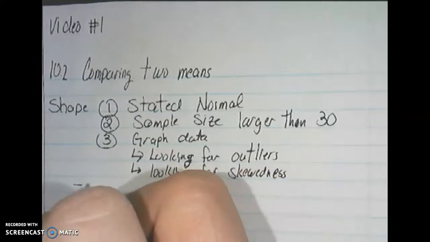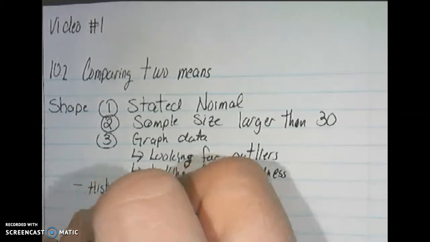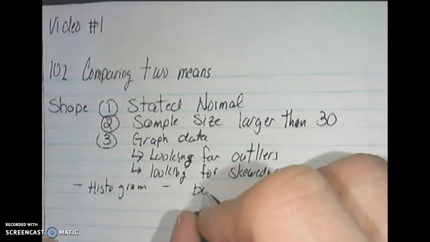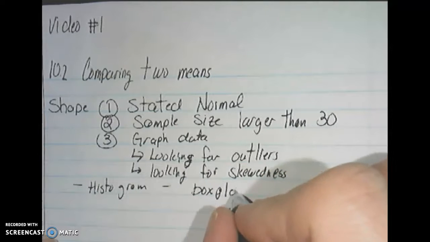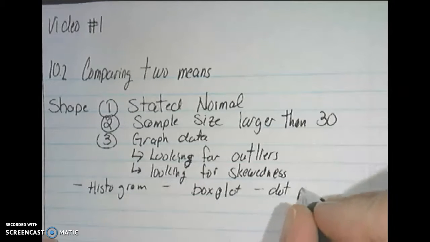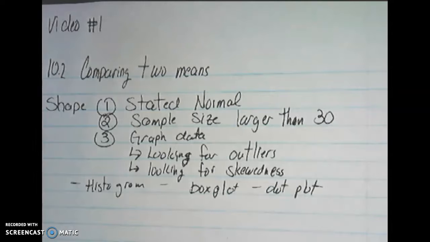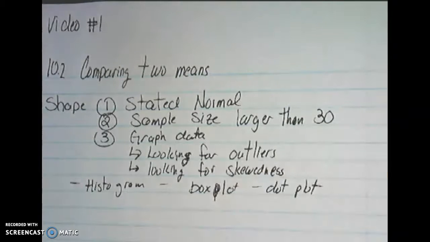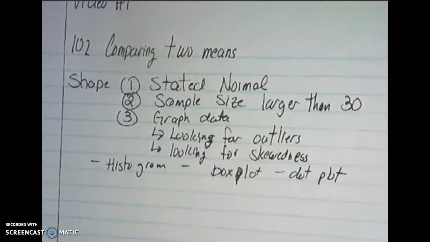We're going to graph a histogram. We could do a box plot, or we could do a dot plot. Any one of those three will do it for us, okay? So we can do that and it'll be just fine.